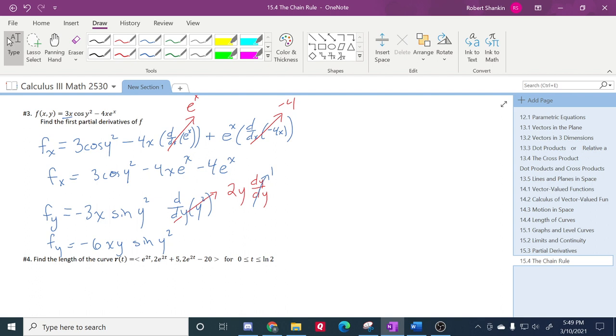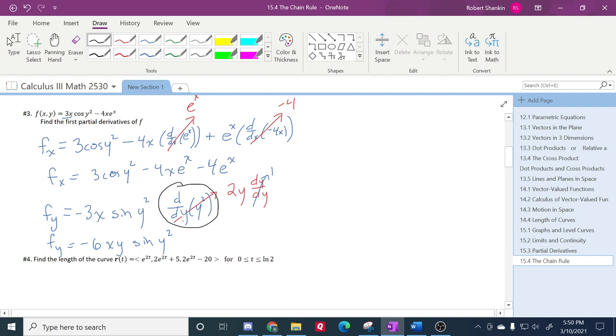The first part of the derivative is 3x times 2 cosine y, and isn't it kind of a chain rule because it's cosine y squared? Yes, it's a chain rule, that's why we had to have this extra part right here. Chain that on.